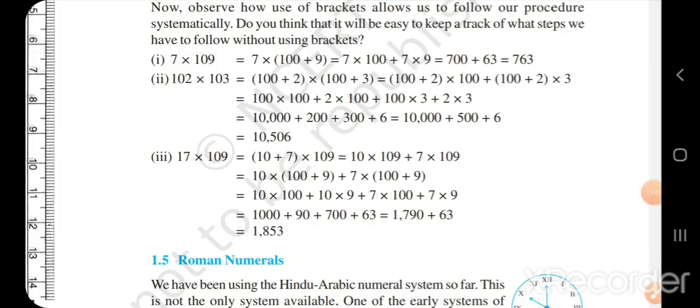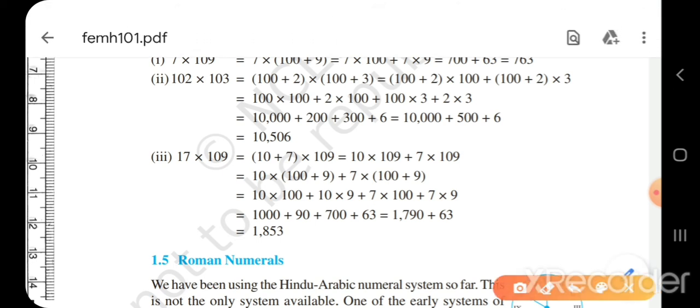Next, the third example is 17 into 109. So 17 means 10 plus 7, into 109. Now expand it. 17 we can write as 10 plus 7.